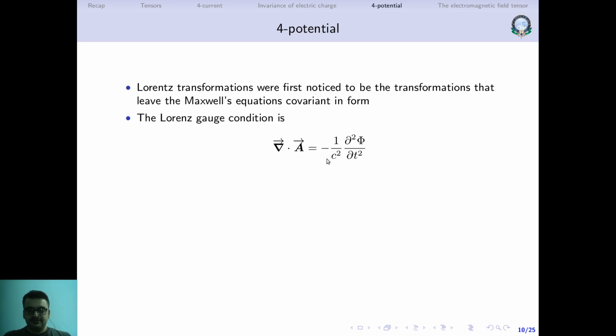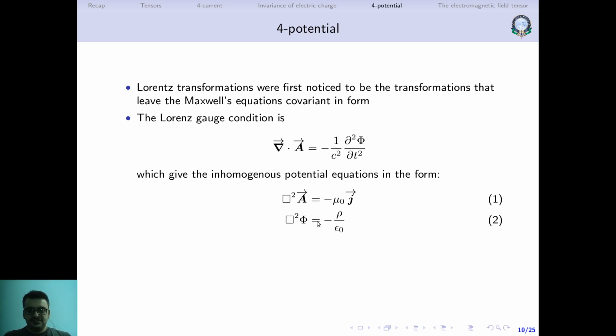So the Lorentz gauge condition is this, which simplifies the inhomogeneous potential equations, and we are able to write them in this form. So we define the 4 potential in this way. Remember, the 4 potential has to have 4 components. We have a vector potential, which has 3 components, and a scalar potential, which has only 1 component, so 3 plus 1 we have 4 components.